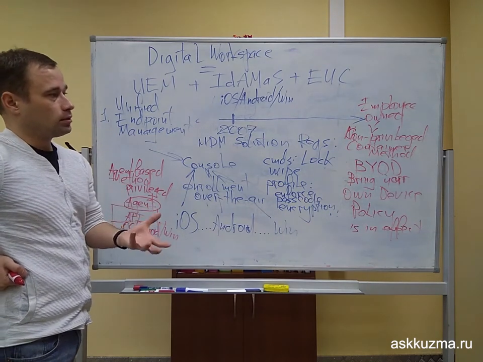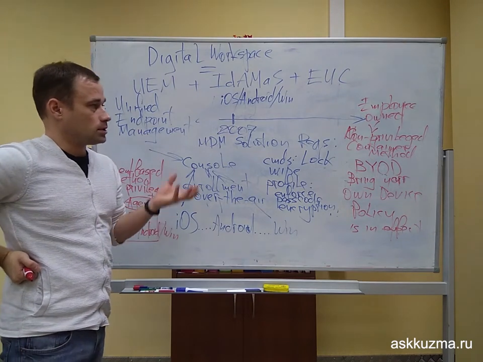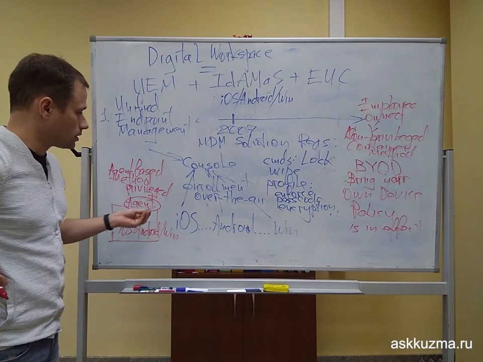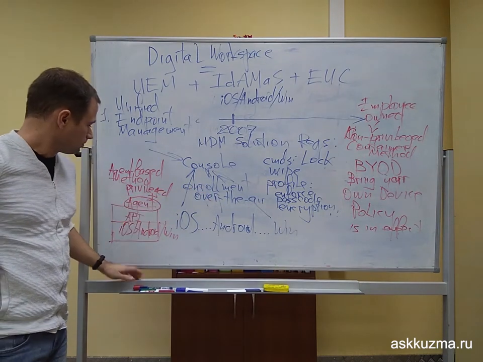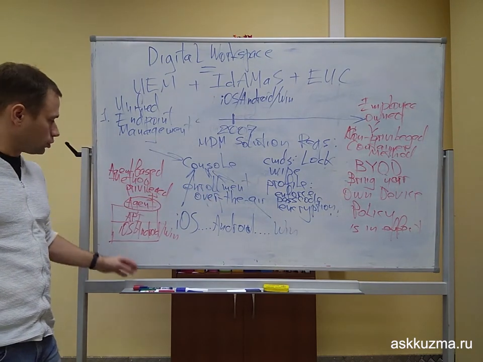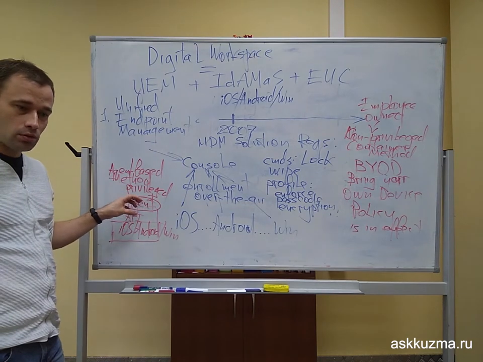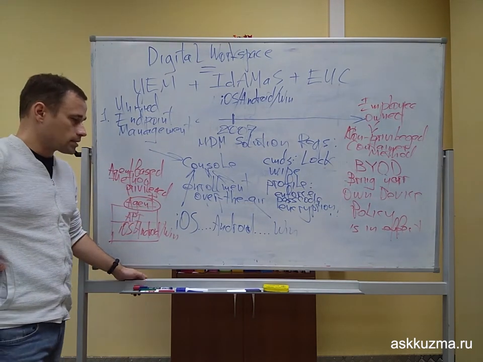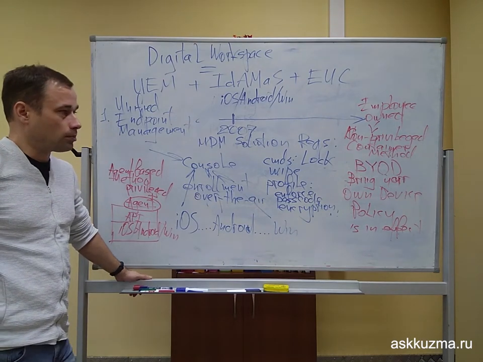So the employee enrolls his employee-owned device, right? And during this enrollment process, a certain code, again, is introduced on a mobile device, but this code never prompts for privileges.